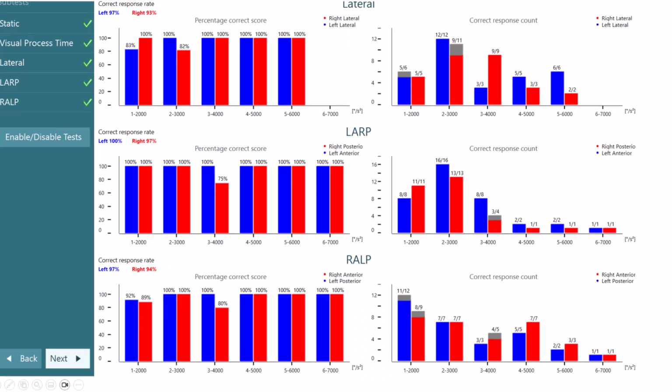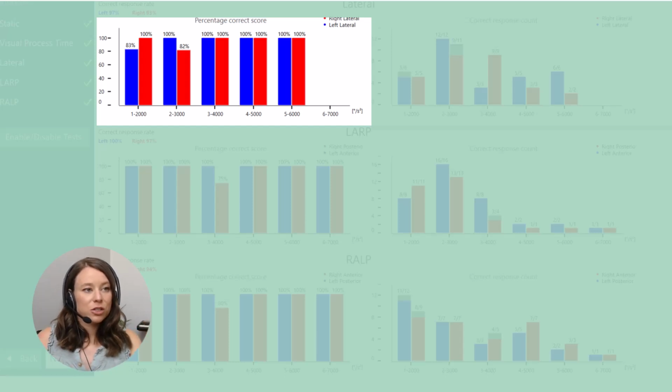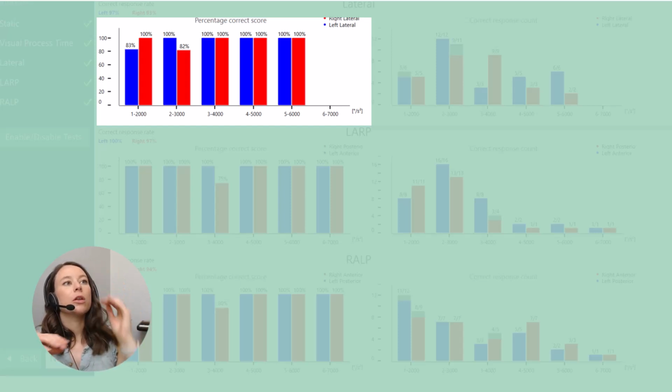Let's take a peek at the second main thing I look at on this summary screen, and that is the percentage correct score. So you'll notice on the left side of the screen are your percentage correct scores for the lateral, the LARP, and the RALP canal planes. Right now, we are looking at the lateral canal plane, so the horizontal semicircular canals.